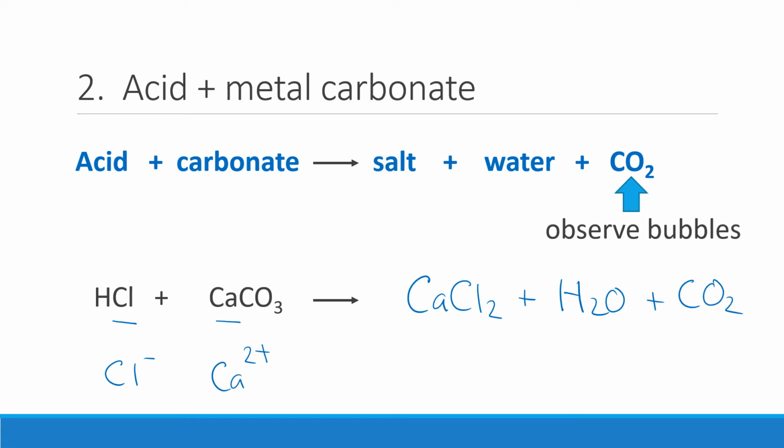And then I can check and see if my equation is balanced. So in terms of calciums, 1 on each side. Chlorides, I have 2 on the right, so I need 2 in front of HCl on the left. That gives me 2 hydrogens, which I have 2 hydrogens in water on the right. And then I didn't check my carbons. 1 carbon, good on both sides.